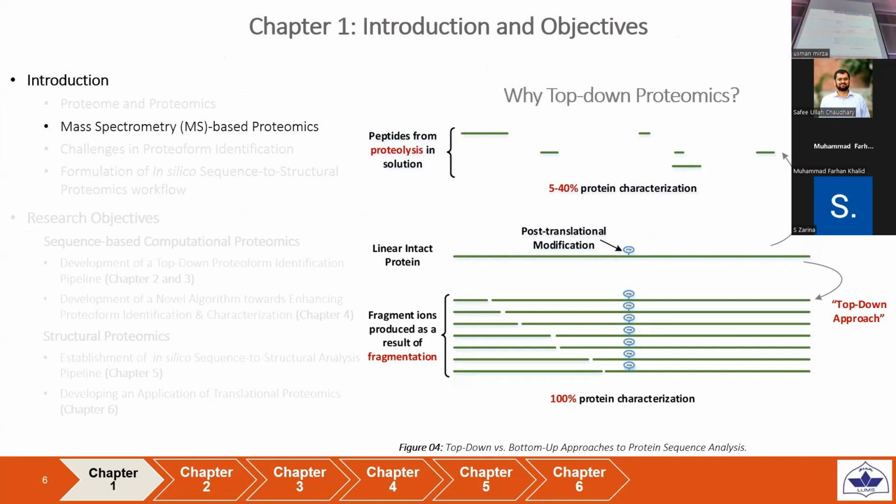Is there a size limit to the total mass of the protein, the first measurement where you take the total mass? For high resolution mass spectrometers like FTICR, we can identify proteins of several kilodaltons.